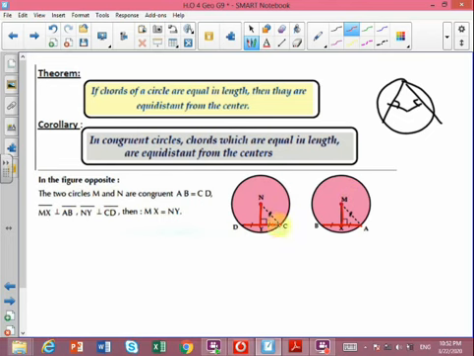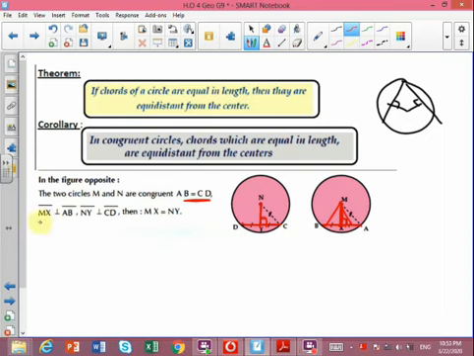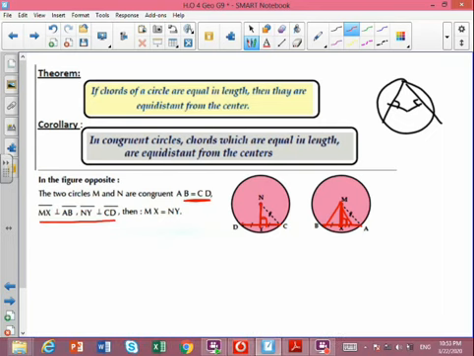AB equals CD, and don't forget that I'm talking about the perpendicular distance, not any other distance, not the distance between M and X if X is here. If AB equals CD and MX is perpendicular to AB, NY is perpendicular to CD, then the two distances are equal. So I have two conditions: the two chords are equal and the distances are perpendicular from the center to the chord.